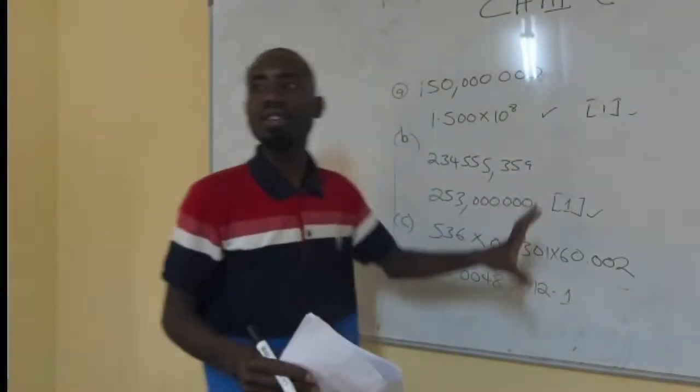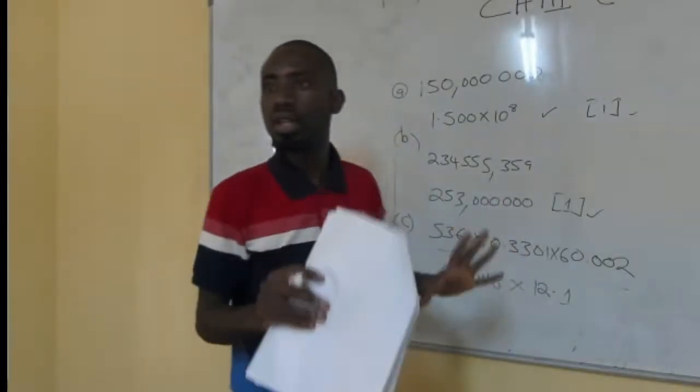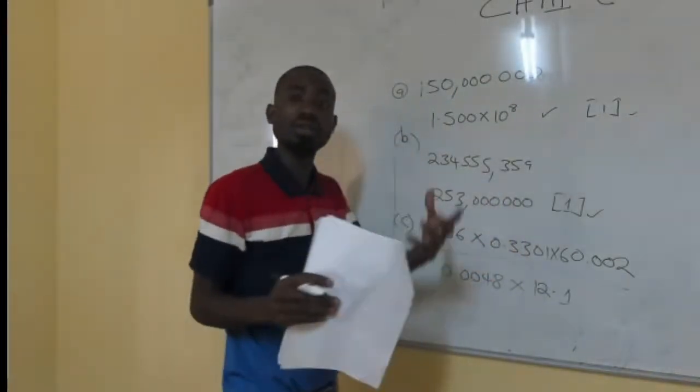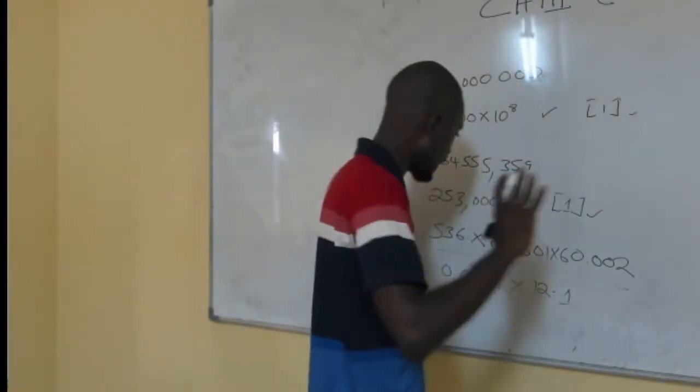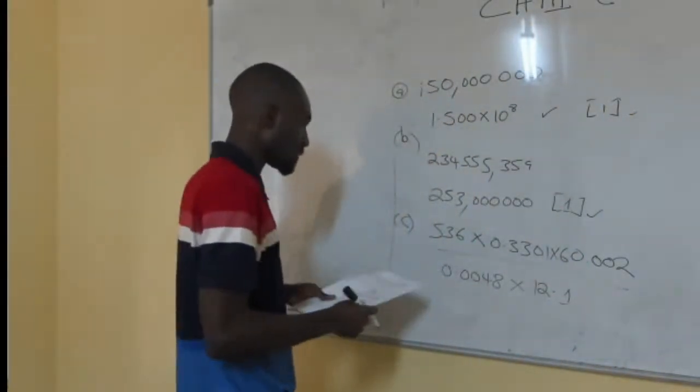Okay, so when you are given such a situation, you need to solve so that you come up with the final value. You come up with the final answer, then you are able to give us the answer.